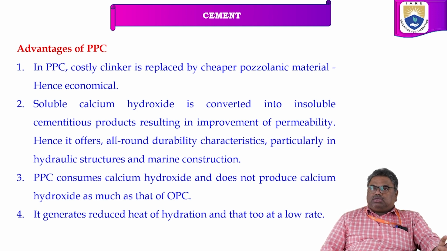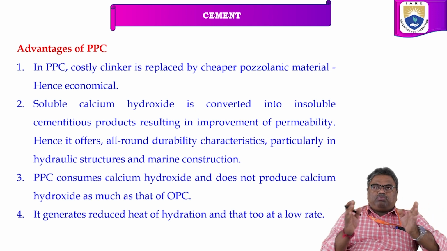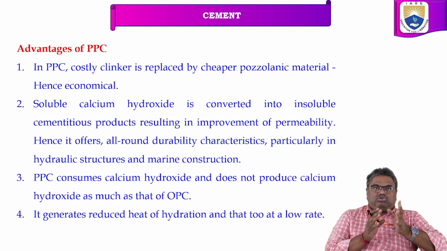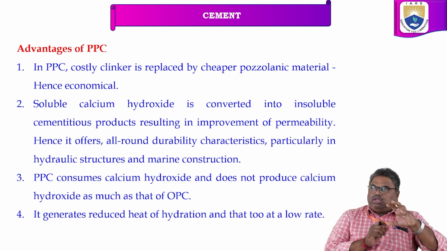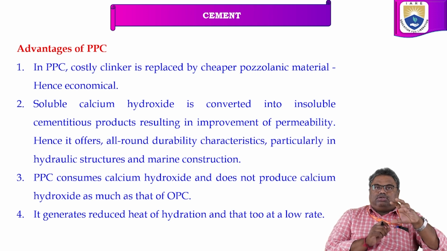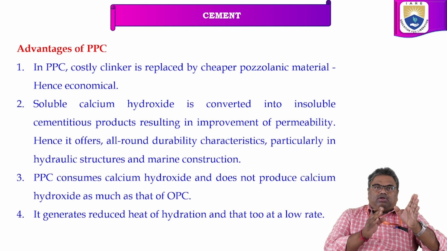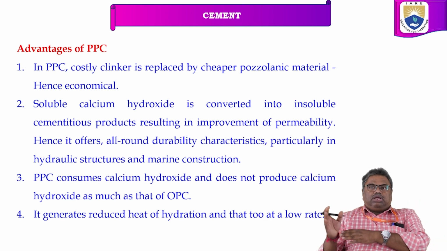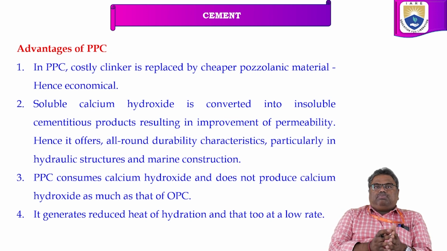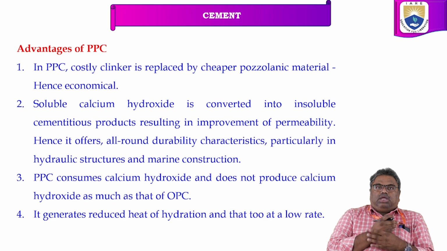Portland pozzolana cement is formed by using cement clinkers and pozzolana material, but ordinary Portland cement uses only cement clinkers, right? So in the case of PPC, we are removing some clinkers and adding pozzolanic material in that. So it is economical.